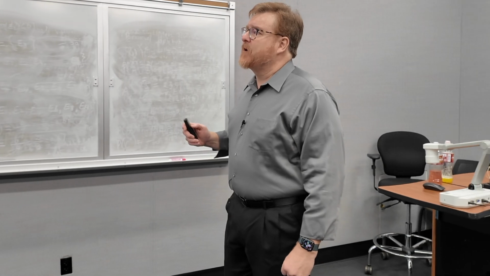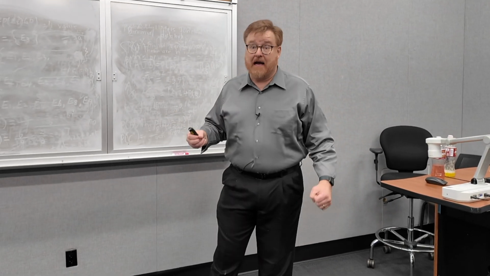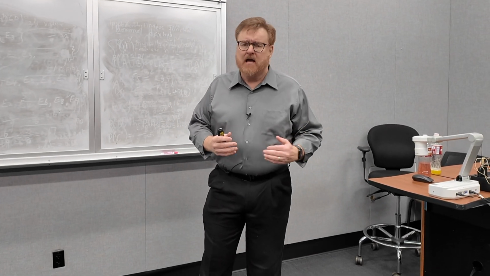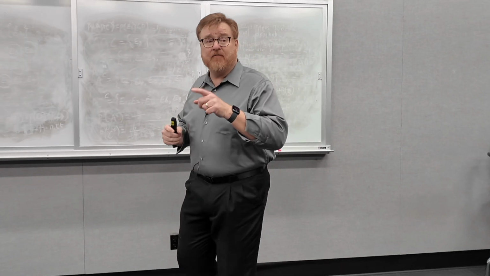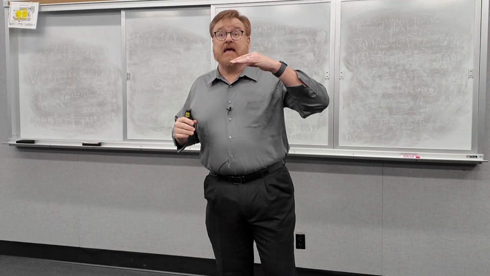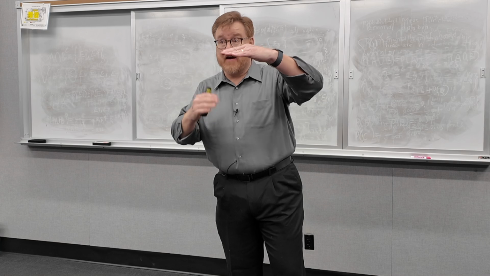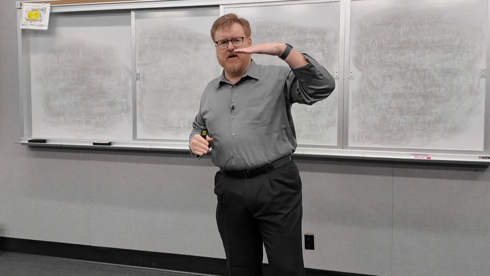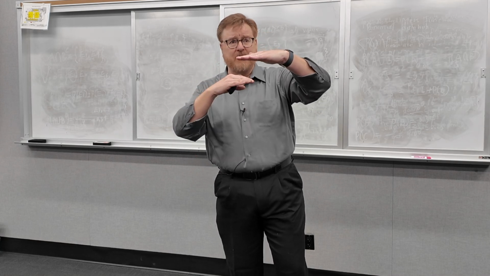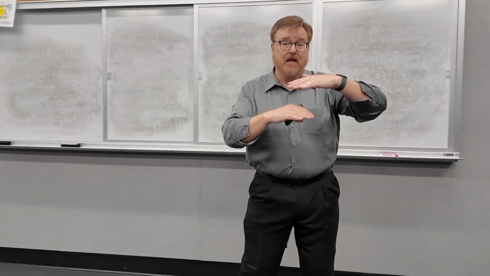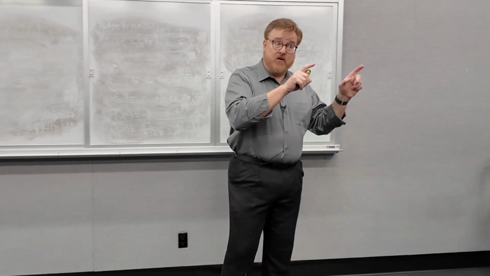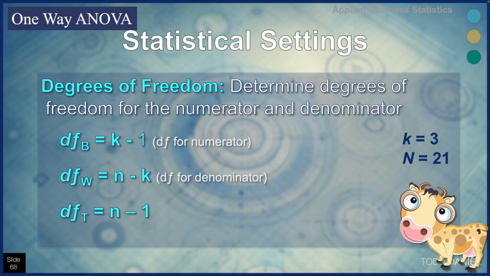The degrees of freedom are going to be determined by qualities within our model. Remember, we have an F test, which is a ratio, something divided by something else. So we need degrees of freedom in the numerator and degrees of freedom in the denominator. The degrees of freedom for the numerator will be the degrees of freedom between, which is k minus 1.